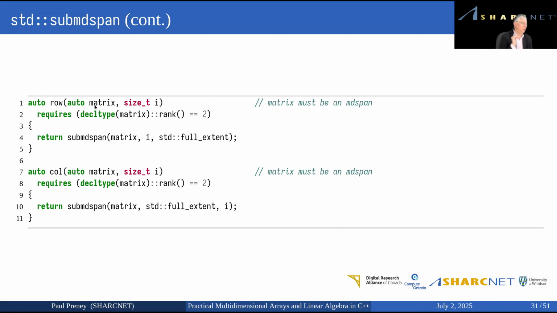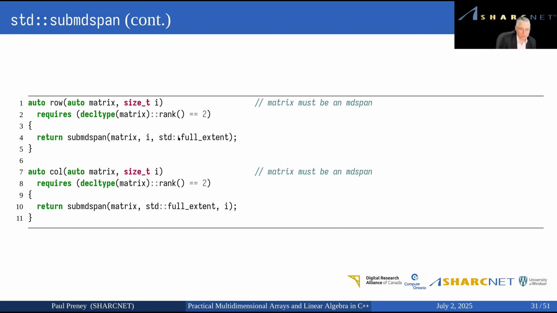So if you want a column or whatever, what is it? I have some mdspan called matrix because it's two-dimensional. You might say, how can I insist it's two-dimensional? Look at this line 2, line 8's the same. I just say its rank. If its rank is 2, then it's two-dimensional. Okay, so return submdspan. I pass in my mdspan variable.